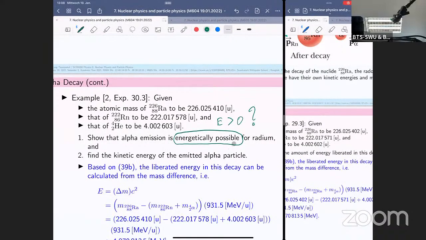Energetically possible means the energy is greater than 0 for radium. If it's not energetically possible, it means the energy is negative. So in that case, it will never take place. It will never happen in nature. That's the thing we need to pay attention to.